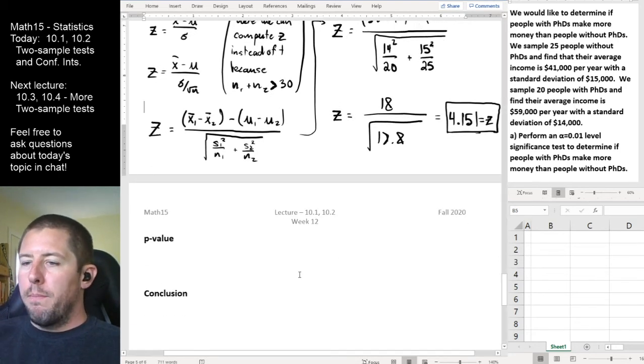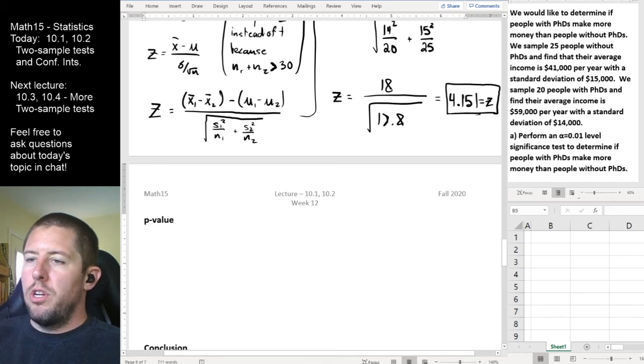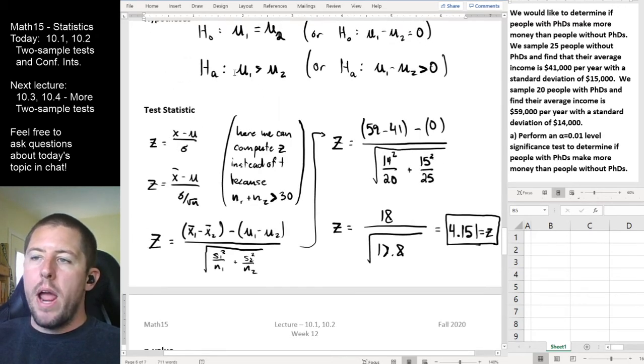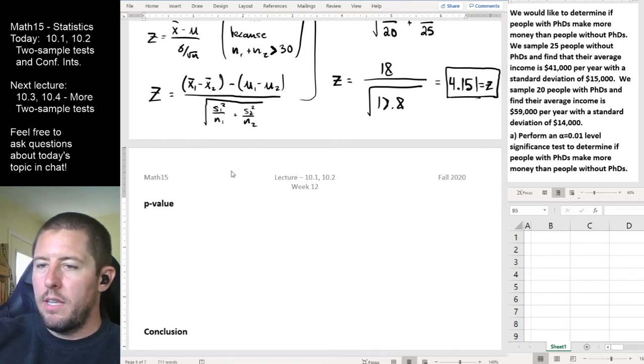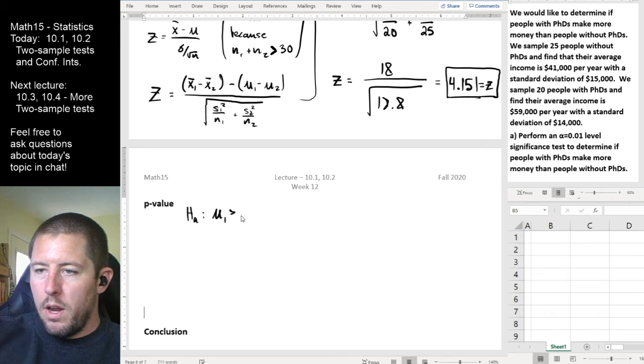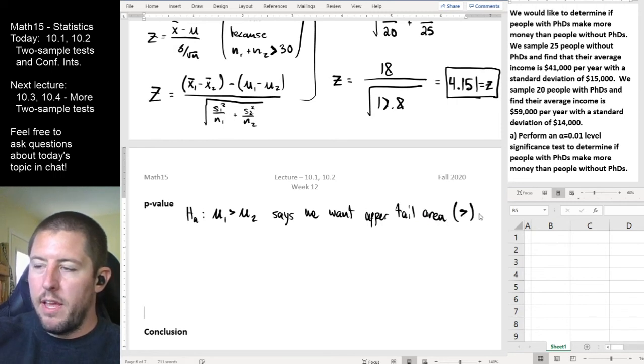So we want to compute our p-value here. You should notice, by the way, that we had a greater than associated with our alternative hypothesis, and therefore we are going to have an upper-tailed test. So let me just say here, our HA of mu1 is greater than mu2 says we want the upper tail. That's what the greater than is telling me here.